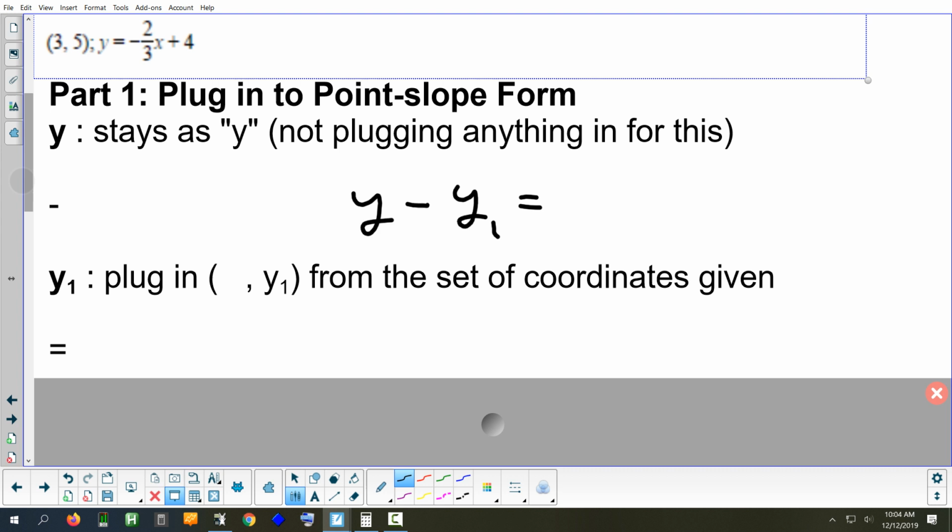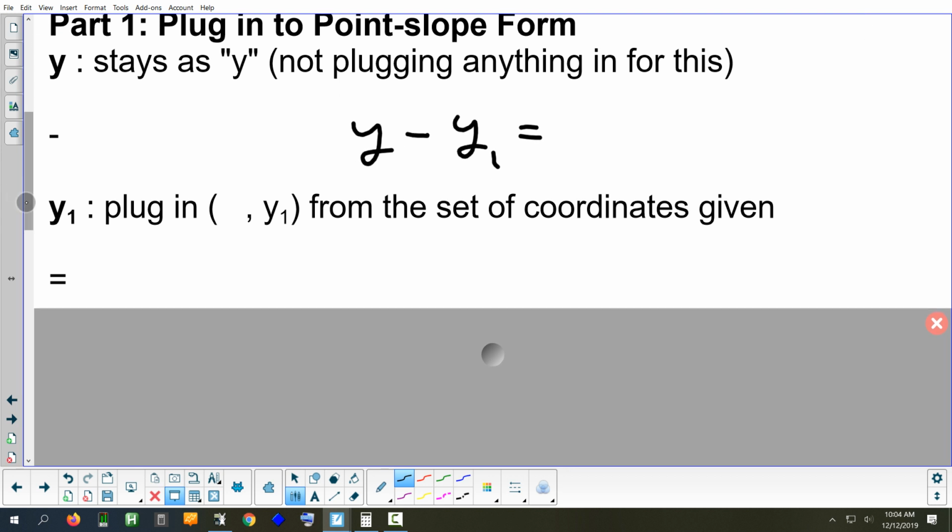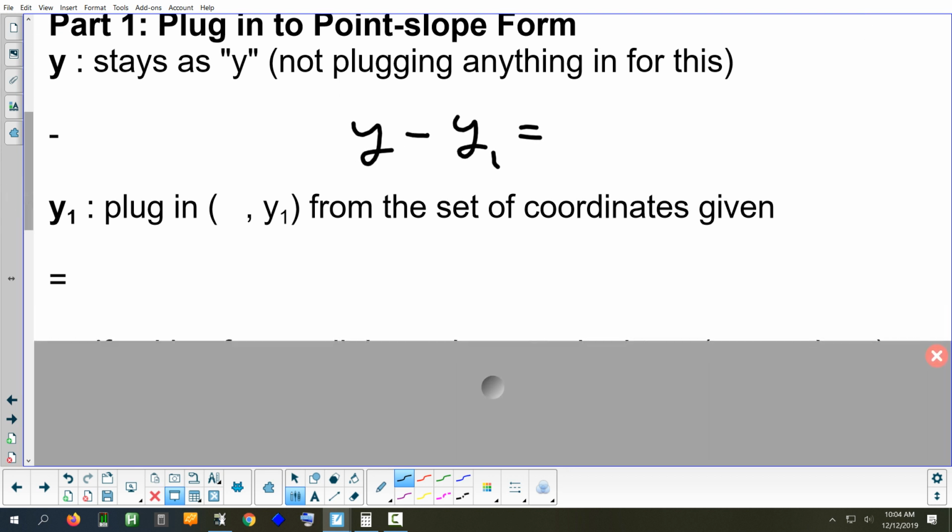M, which is your slope. So now, with M, we have to figure out our slope. What did I just say? If two lines are parallel, how will the slopes compare? They're going to be the same.